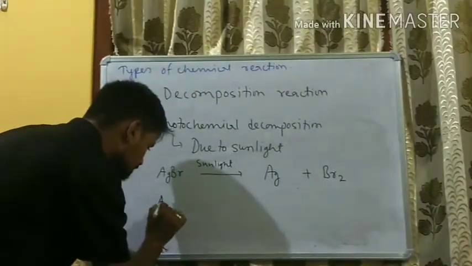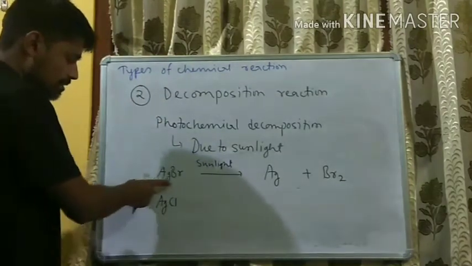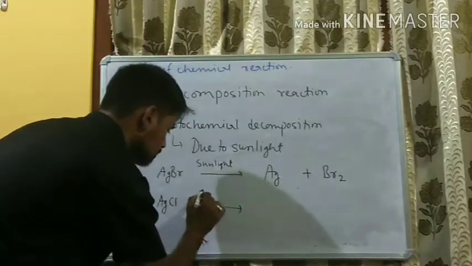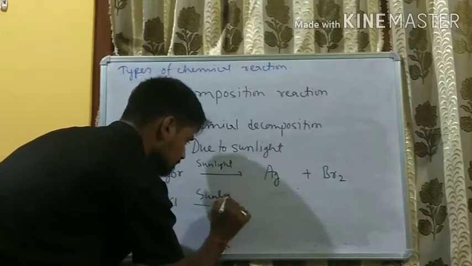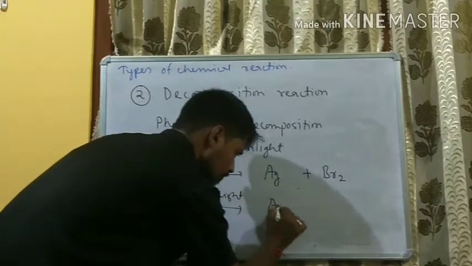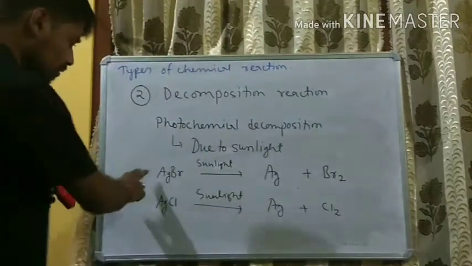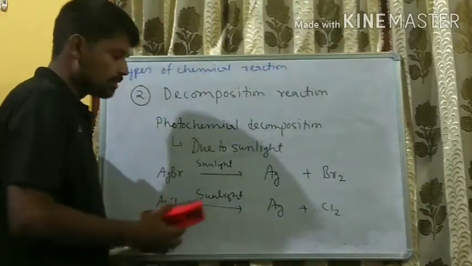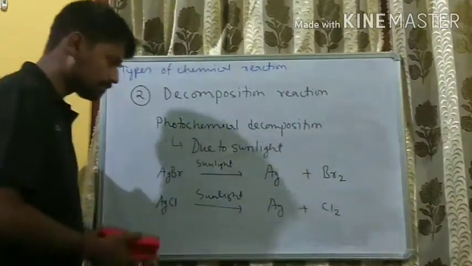Similarly, another example is decomposition of silver chloride. This question is frequently asked in the CBSE board exam. When silver chloride or silver bromide is exposed to sunlight, they decompose to silver and chlorine and silver and bromine.